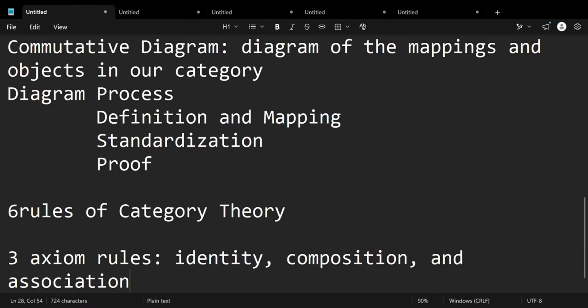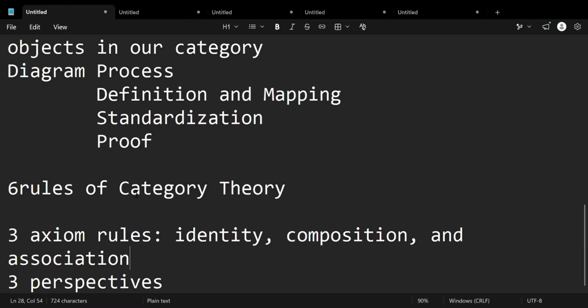And what that means is no matter what category, no matter what relation that you decide to make, all of these must be true. So, no matter the category, your identity rule must be true, your composition rule must be true, and your association rule must be true.